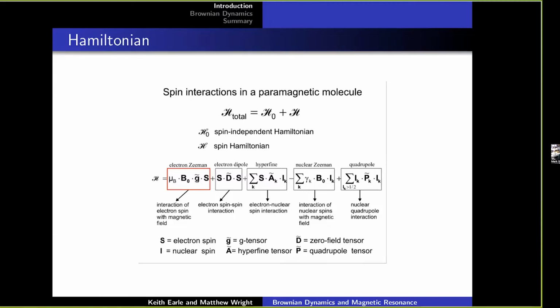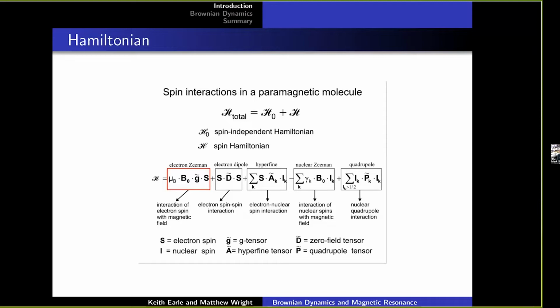And in addition, there's how those two interact with the local environment. Now, in a gas, this would just be a number, but in a solid or a molecule, the value of G is going to look different depending on which direction you look.